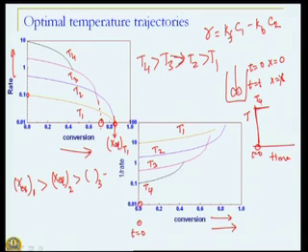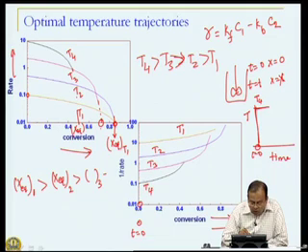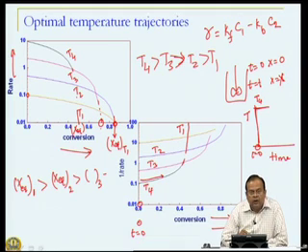Suppose I keep the temperature at T4 for a very long time, what will happen? If you look over here, as conversion is increasing, I am hitting the equilibrium limit. So, if I keep temperature T4 for a long time, I will reach reaction rate equal to 0, or this line will now go like this.